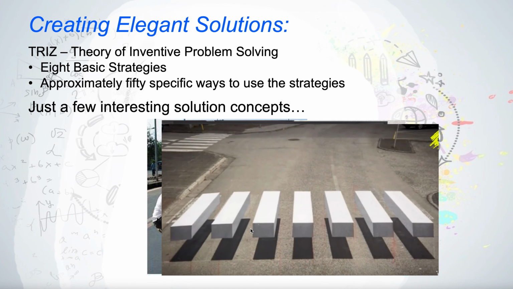And another one from the automotive world, perhaps I would pay more attention to a crosswalk if it appeared three-dimensional and made me a little bit worried about what something might do to my car, or at least had the person stop for a minute to think about what it is they're looking at.